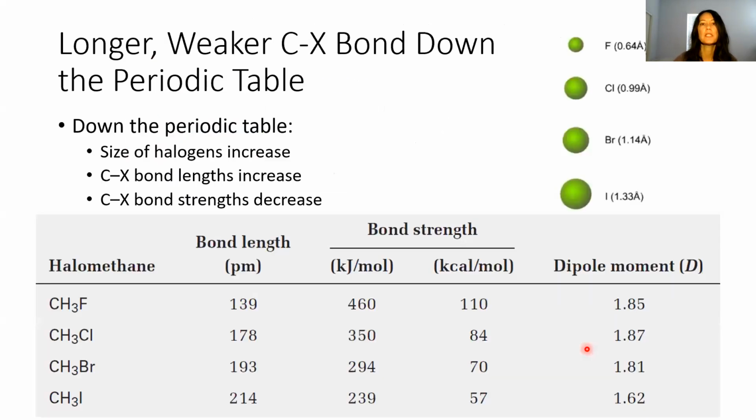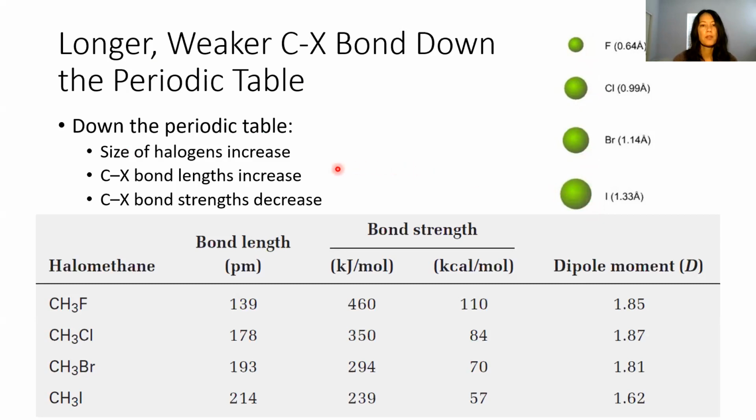Okay, let's just take a look at different halogens as we go down the periodic table. What happens is we're increasing the number of electrons, so those are being put in increasingly larger n levels, so the atoms are larger. So when we get from fluorine to chlorine to bromine to iodine, the atomic radius is increasing. The consequence of that is that when you have a bigger atom and you bond it to something, you just have a larger radius, so the bond that you form is longer.